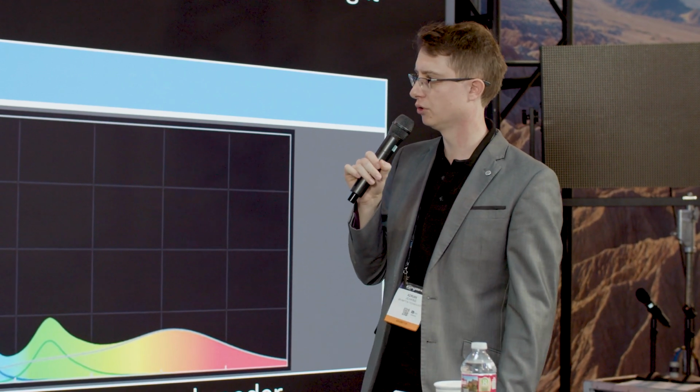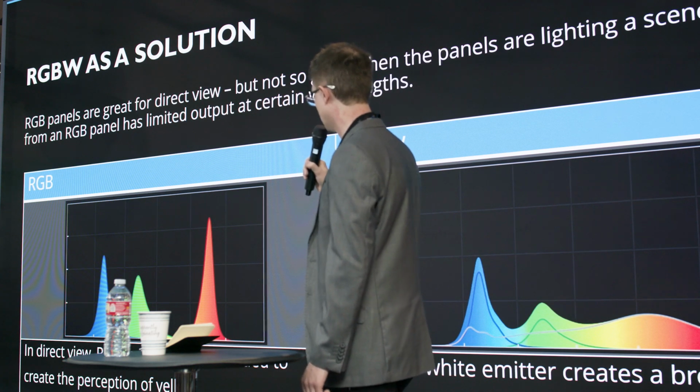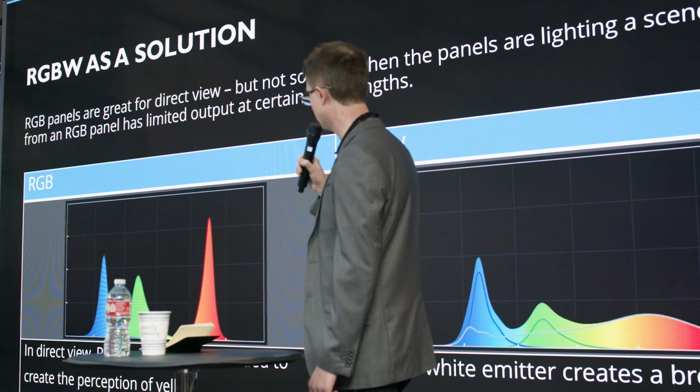So what's going on here technically? Let's have a look at some spectra. This is the real spectral output of the panel that we've been seeing illuminating objects in those previous three slides. In direct view, you can see we've got very spiky spectral output. There are big gaps in the spectrum, particularly in the cyan areas and even worse in yellow and orange.